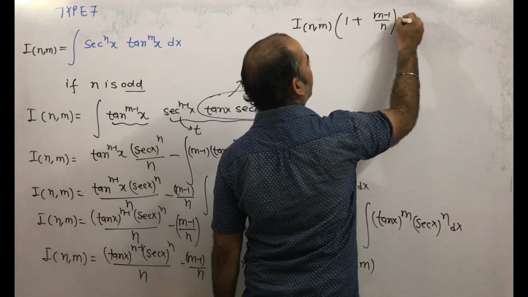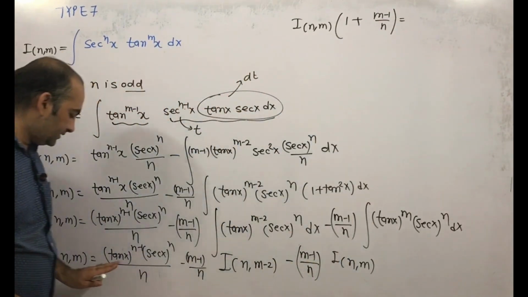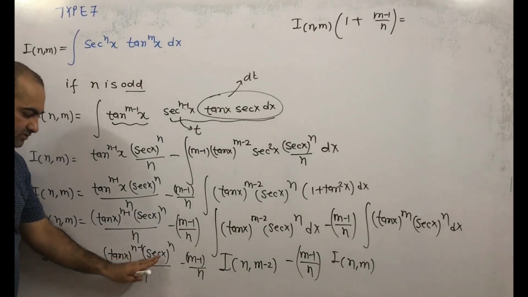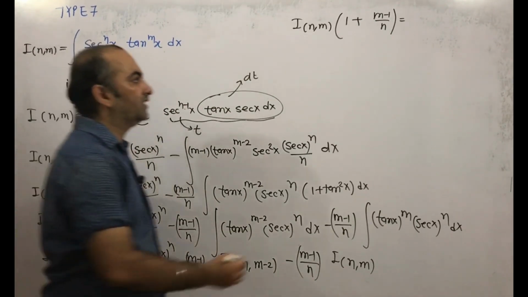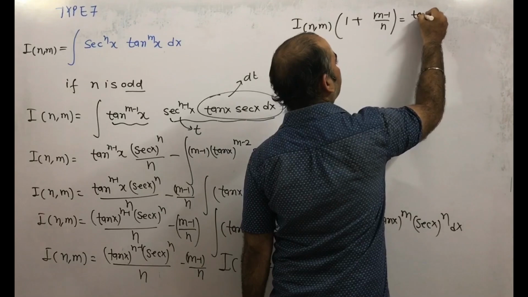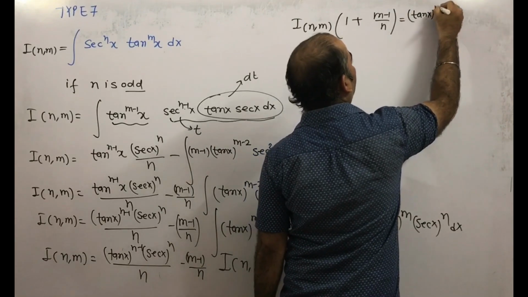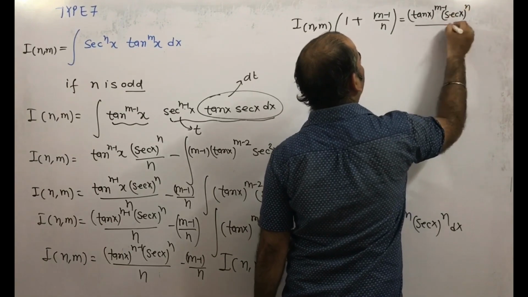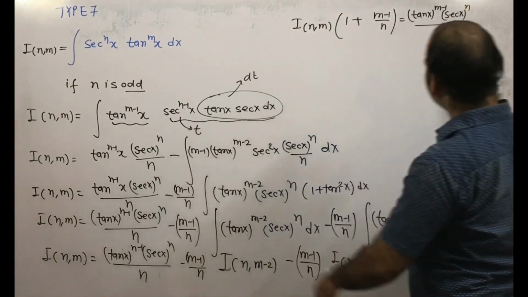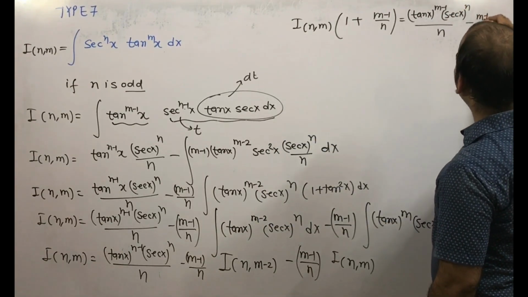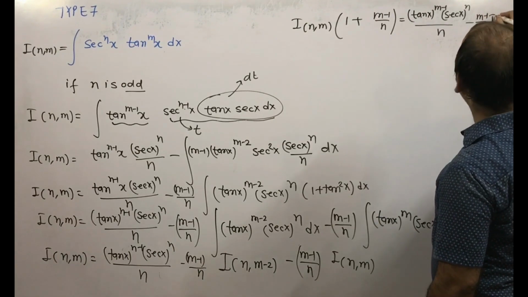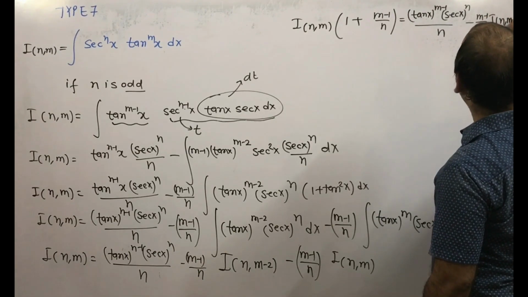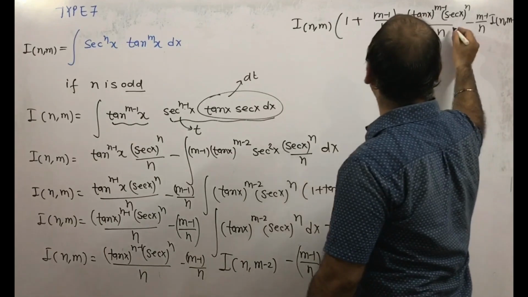The right hand side is tan^(m-1) x sec^n x divided by n, minus (m-1)/n I(n, m-2).